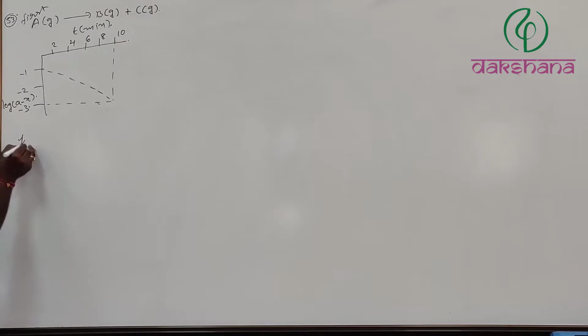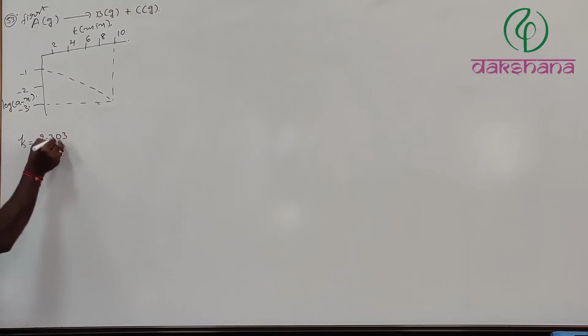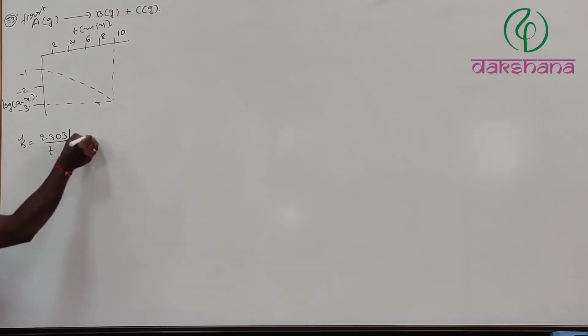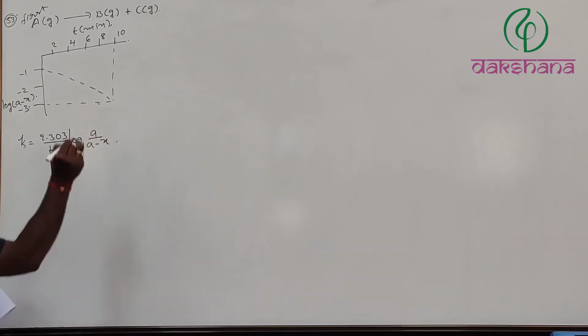order reaction. That is k = (2.303/t) log (a/(a − x)).